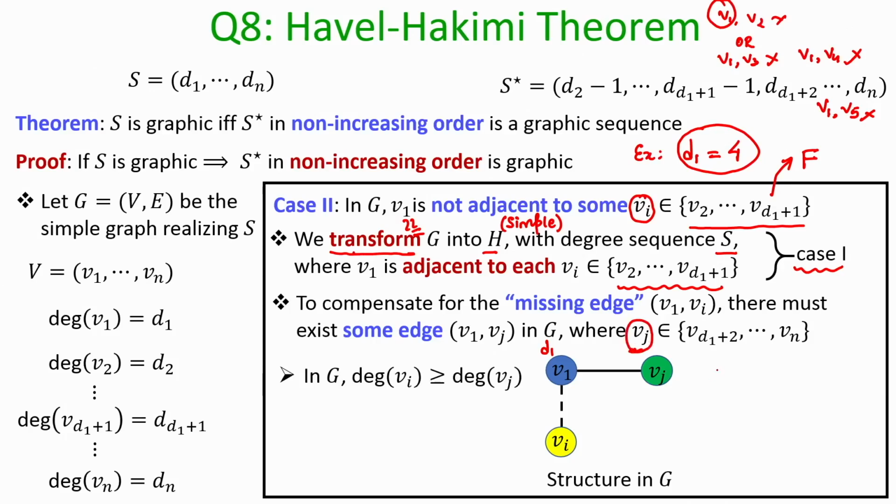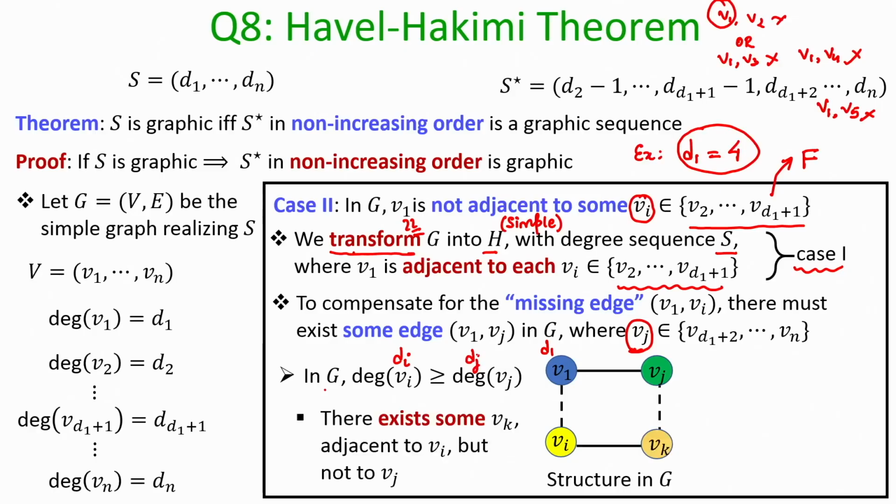And what I know is that in my graph G, the vertex V i, its degree d i is as large as the degree of the vertex V j, because that is the structure of my graph G. So, there must be some neighbor of V i, call it V k, which is not a neighbor of V j.